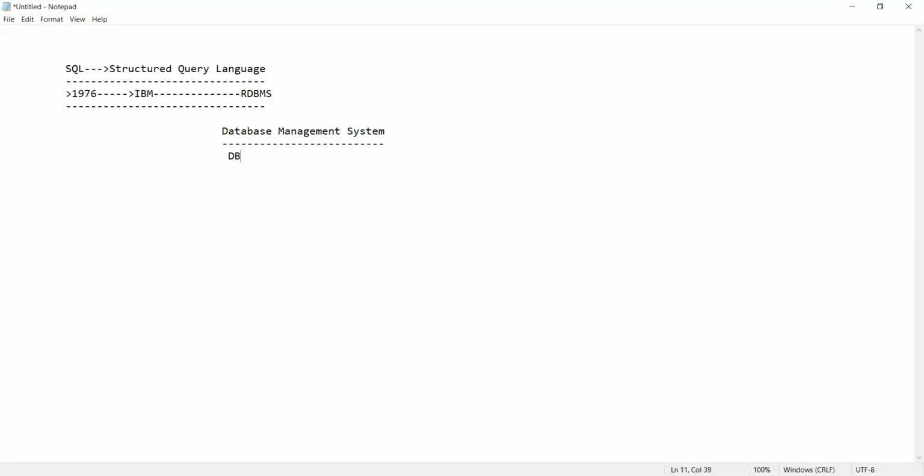Okay, DBMS. When we talk about the DBMS, together it is called Database Management System.